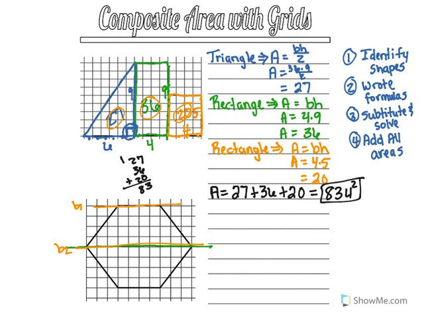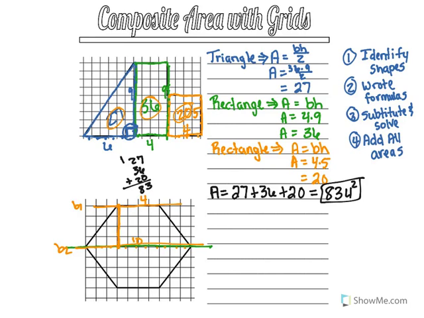I have 1, 2, 3, 4, and 1, 2, 3, 4, 5, 6, 7, 8, 9, 10. So those are my bases. And then I also need to identify my height, which is the distance between my two bases, and it forms a right angle with the base. So 1, 2, 3, 4 is my height.